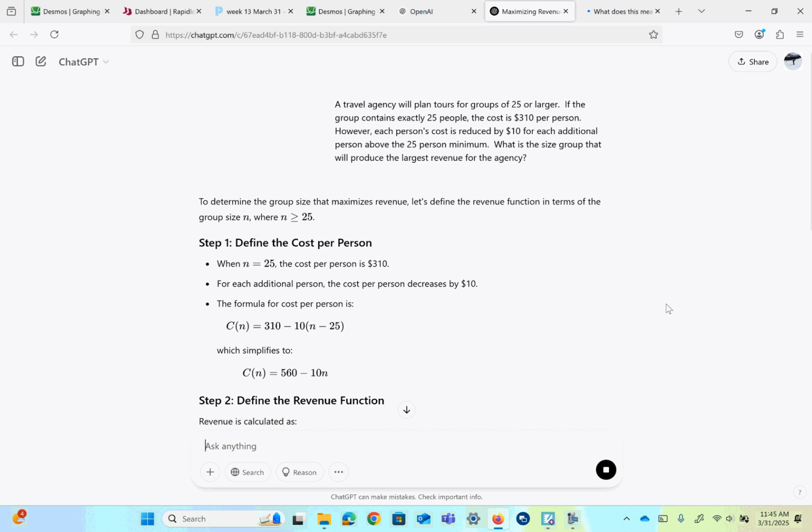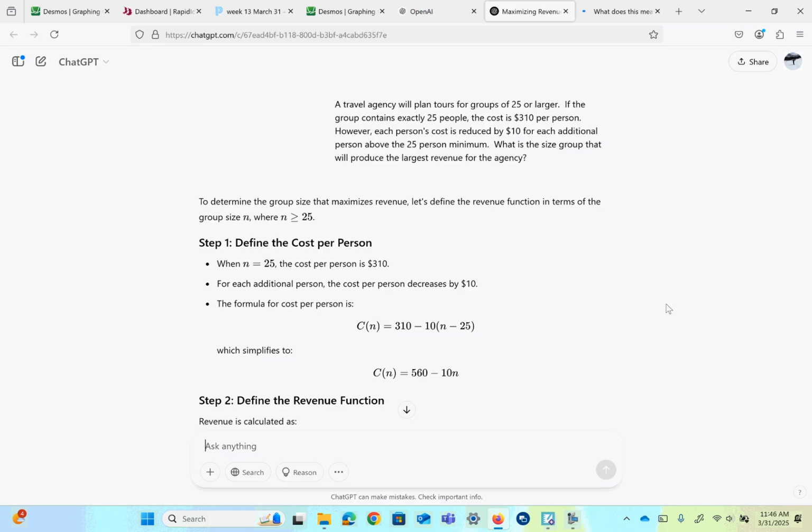So when n is greater than 25, it costs us $310 for each additional person. We decrease by 10. So the formula for that is 310 minus 10 quantity n minus 25. So our cost equation is then 560 minus 10n. So what they basically did here is they distributed negative 10 over the parentheses and combined like terms.